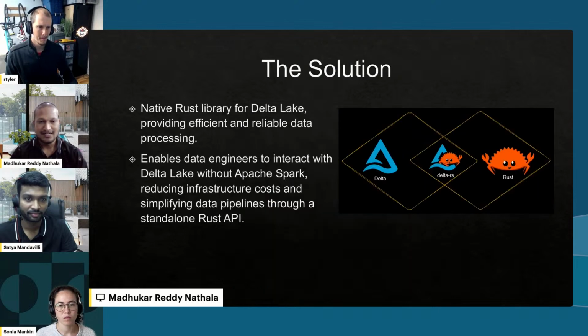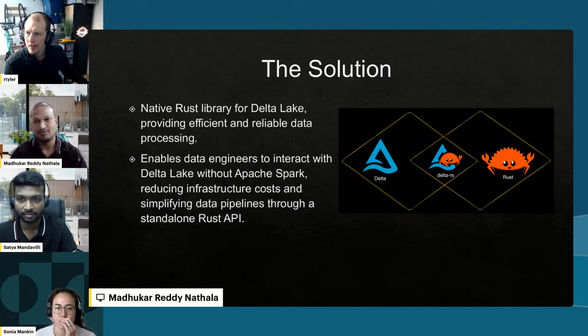So with that, now imagine processing Lakehouse data with less infrastructure and more speed, addressing the challenges we have discussed, the problem statement that Satya has also brought up, right? We are utilizing the Delta RS library as a key component for our solution, which I will deep dive into in upcoming slides.